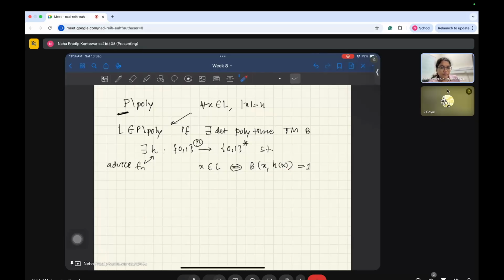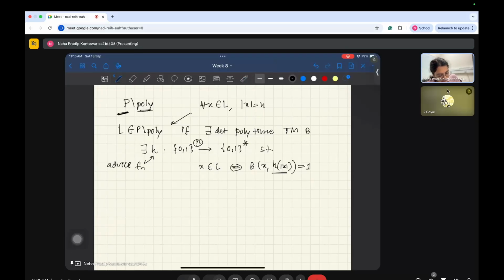I should call it h of length of x actually, because it does not depend on x, but only on the length of x. And using this advice, the decider b is able to tell whether to accept the string or not correctly.